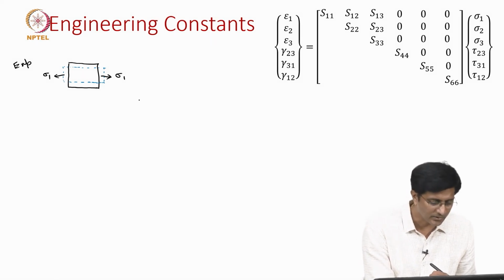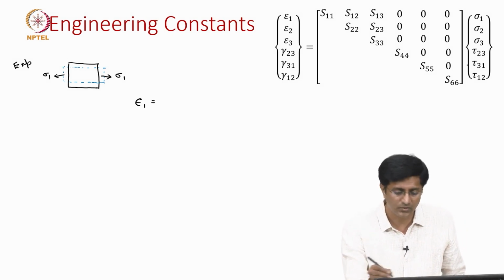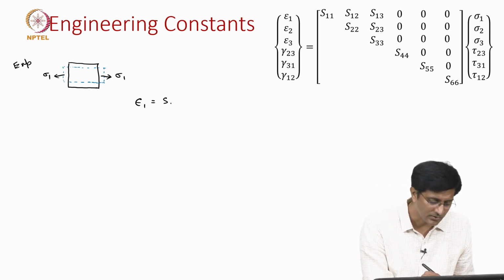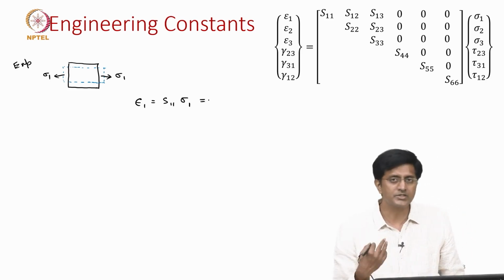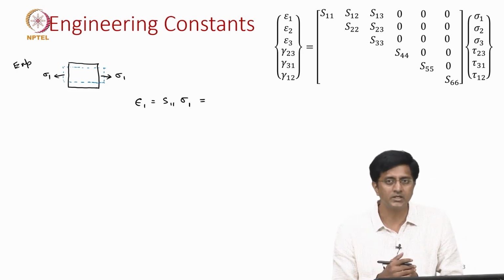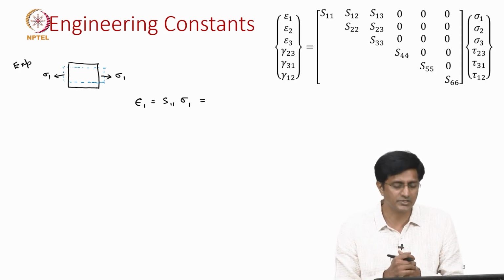So, let us start with epsilon 1. What is epsilon 1? According to this equation, epsilon 1 will be S11 times sigma 1. But now let us try to introduce the engineering constants. According to our definition, let us say E1 is the elastic modulus in direction 1, then how can we write the strain?